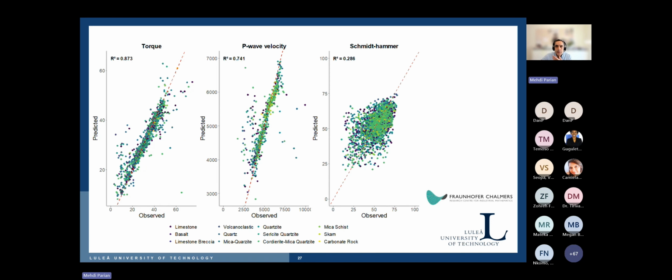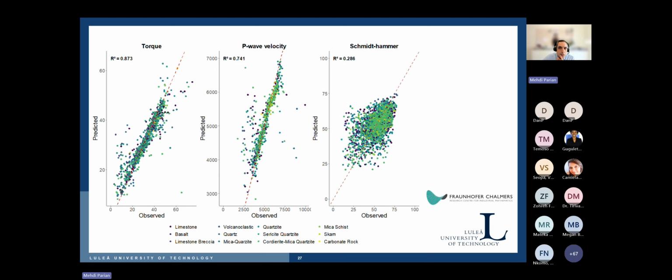So in these graphs, we plotted observed versus predicted values based on the XRF assays. The prediction model is based on the training data of XRF and the responses such as torque, P-wave velocity, and hardness.